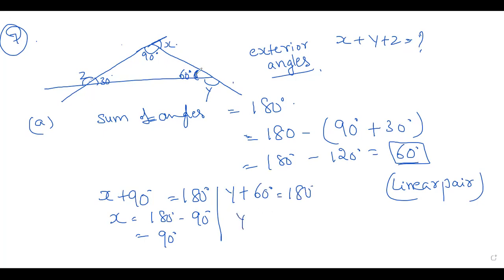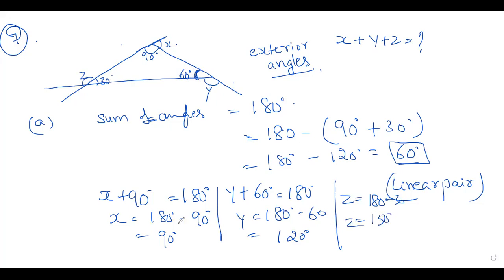Are you understanding? See, this is a line standing on the straight line. Okay, the sum will be 180. So I am doing 180 minus 60, that is equal to 120. And what about Z? Z plus 30 is 180, so Z is equal to 180 minus 30, that is equal to 150.